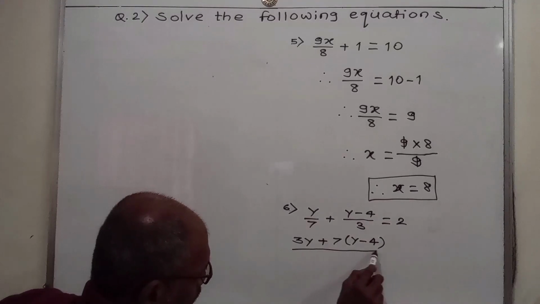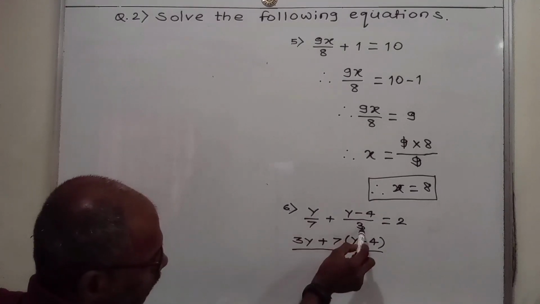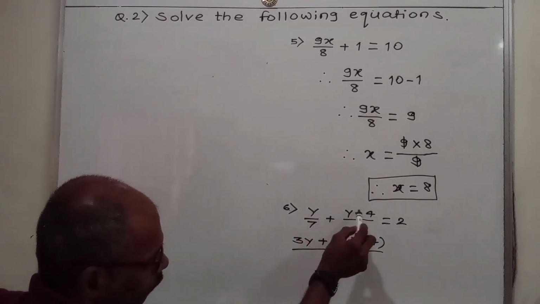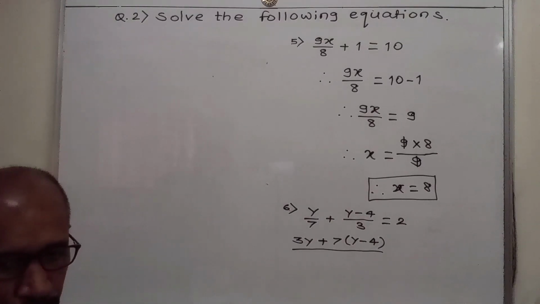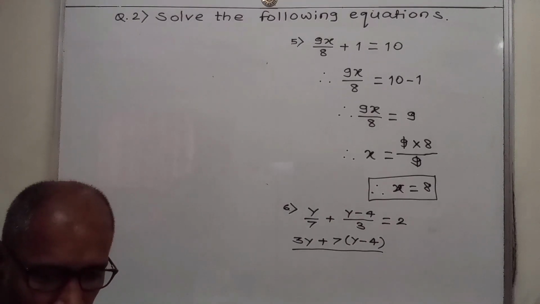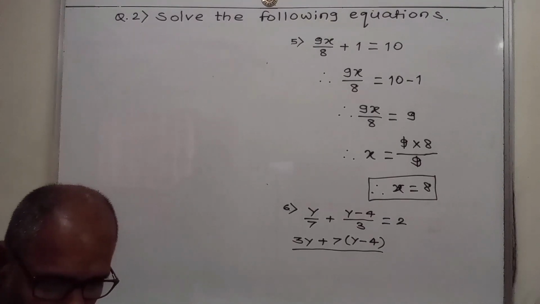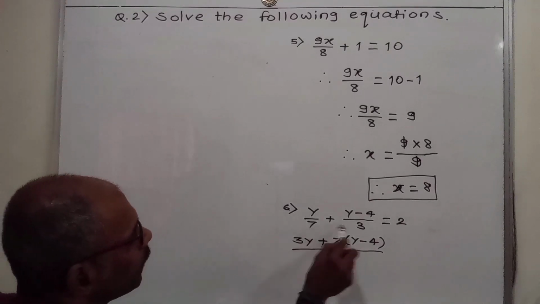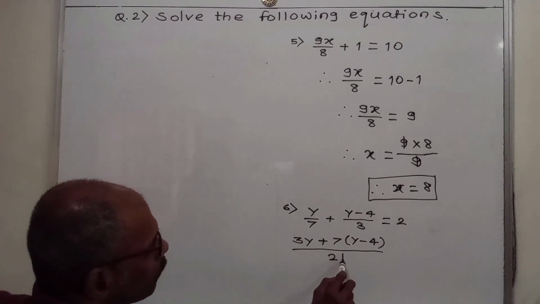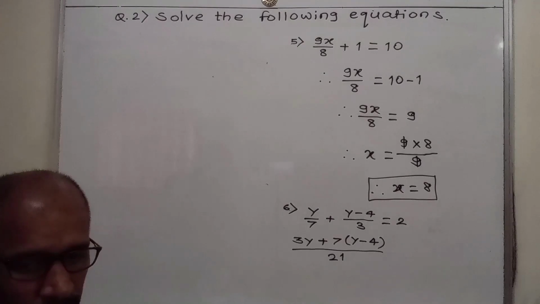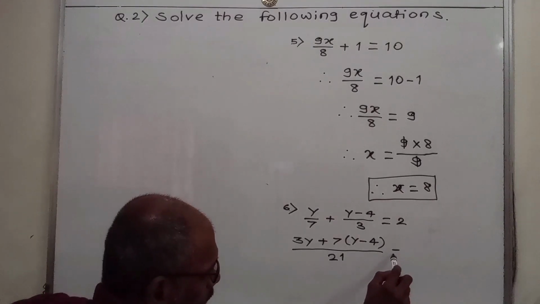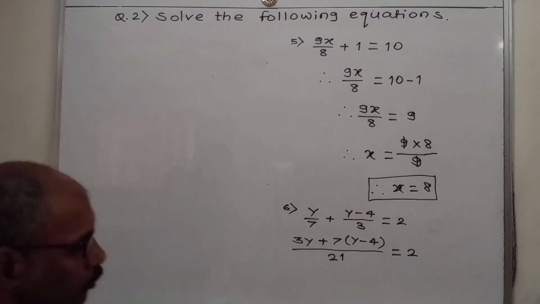We multiply this by this and the product of these two. Then 7 into 3, 21, is equal to 2.